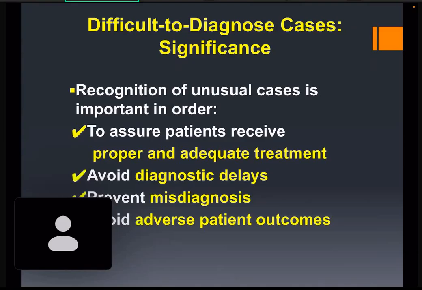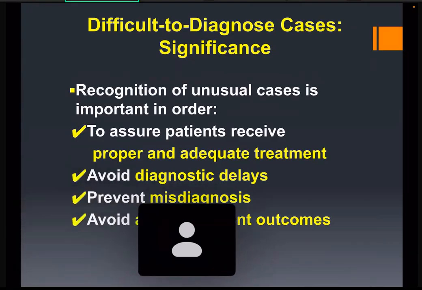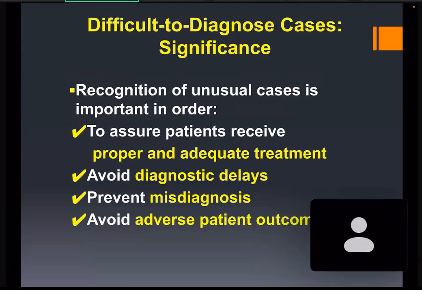So to summarize, it's very important to recognize the typical course of PSGN. However, unusual cases can also be equally important. So our job as physicians is to ensure that the patient receives proper and adequate treatment and to avoid diagnostic delays. If you are not sure, you refer the patient immediately.